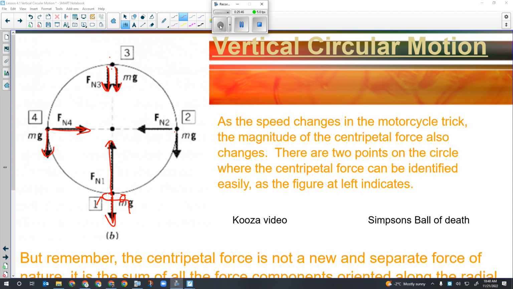Okay? If you recall, back in Unit 2, I told you that sometimes we call normal force apparent weight. That's going to be important because that term comes up all the time in this unit. So if it says calculate the apparent weight, you're looking for the normal force. Because we don't actually ever feel our weight.